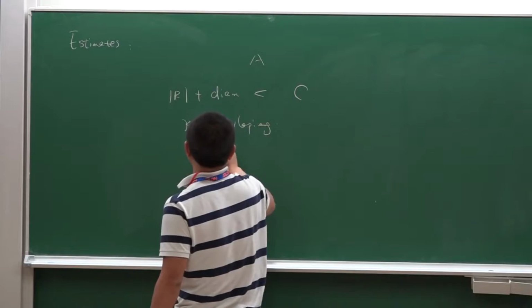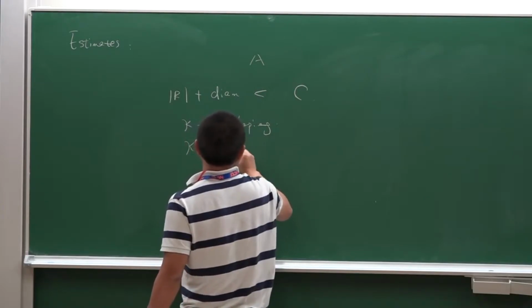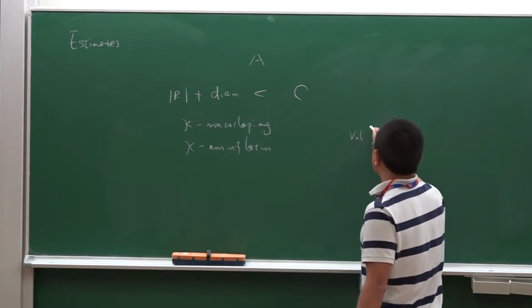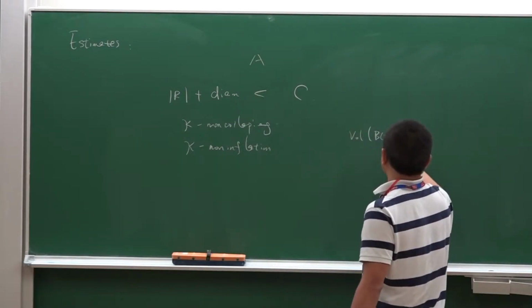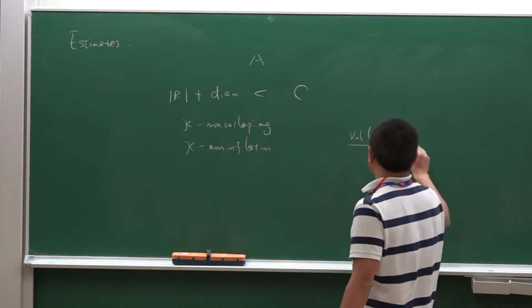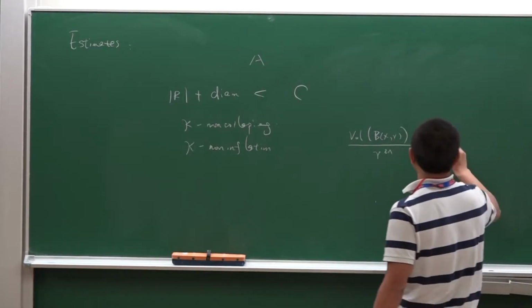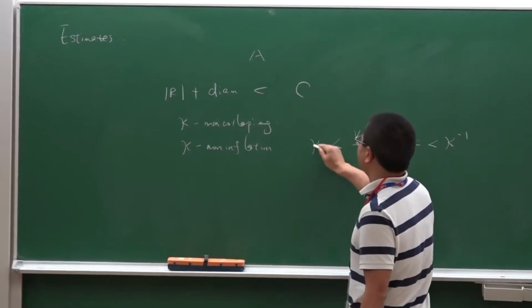And then we have this kappa non-inflation. This together means the volume of B(x,r) over r^2, this volume ratio function, is bounded from below and bounded from above.